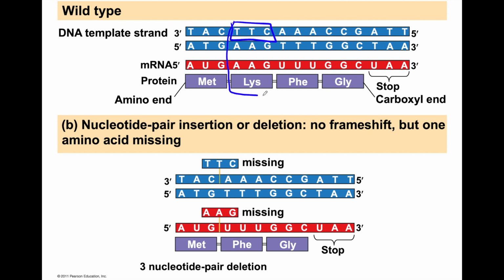Then we get rid of this codon AUG, we get rid of this amino acid lysine. In that case, we don't cause a frame shift. We still read phenylalanine, glycine in the same way. We're just missing one amino acid. So a frame shift is when you have an insertion or a deletion of one or two base pairs. If you insert or delete three base pairs, it doesn't cause a frame shift.